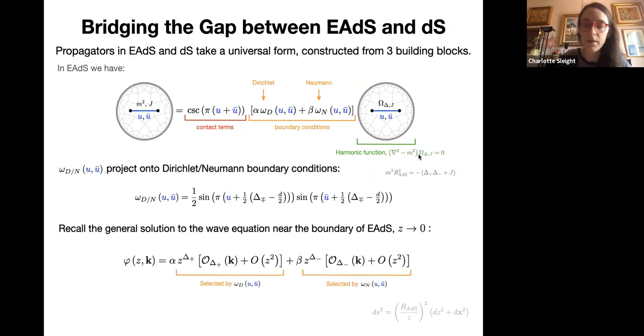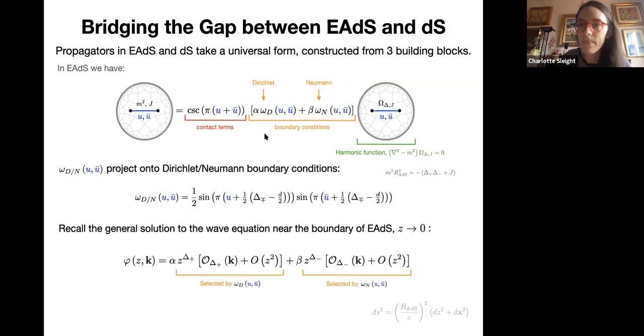This means that in the Mellin-Barnes representation of this harmonic function, which involves 2 of these internal Mellin variables u and ū, the residues of the poles in u and ū generate the contribution from the physical exchange of a single-particle state. The boundary condition is enforced by the middle building block, the yellow one, which is a linear combination of the functions ω_D and ω_N, whose role is respectively to implement the Dirichlet and Neumann boundary conditions. The most general boundary behavior is, of course, a linear combination of the 2.